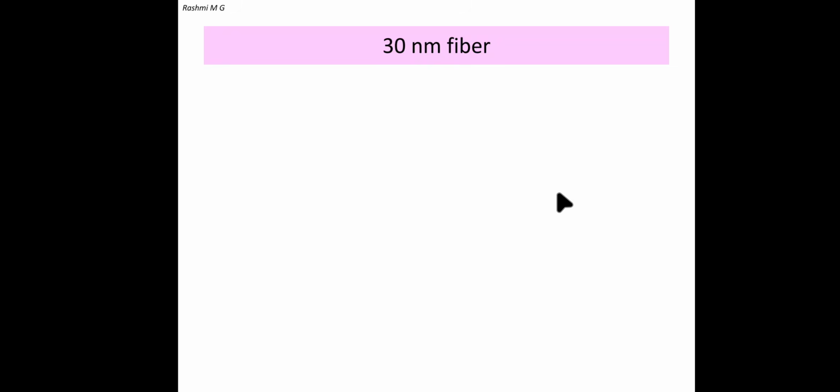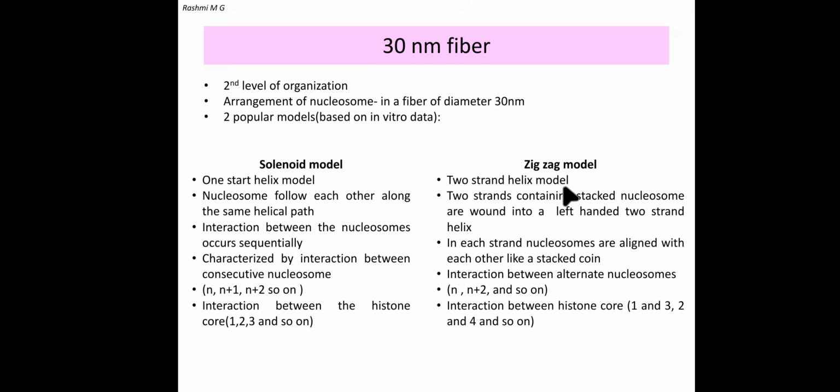You'll get to know this difference between the solenoid model and the zigzag model with the help of an image. See, it is a one-start helix model. The zigzag model is a two-strand helix model. In the solenoid, nucleosomes follow each other along the same helical path, so there is interaction between consecutive nucleosomes, n plus 1, n plus 2.